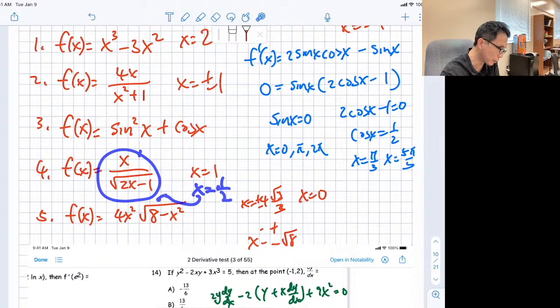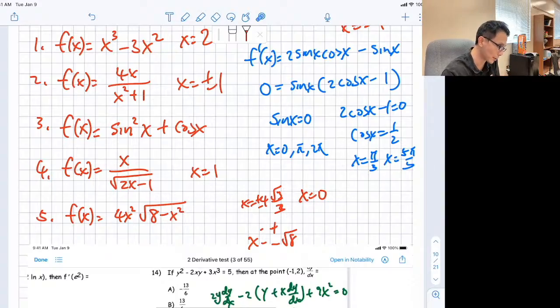Now, if you plug into the original function, it's not even a number that exists in the original function because it gives you something over 0. So it's undefined, and it's not counted as a critical number. But you still test them later on. If you do a number line test, you still test them. So this one is not included because the original domain doesn't require it.